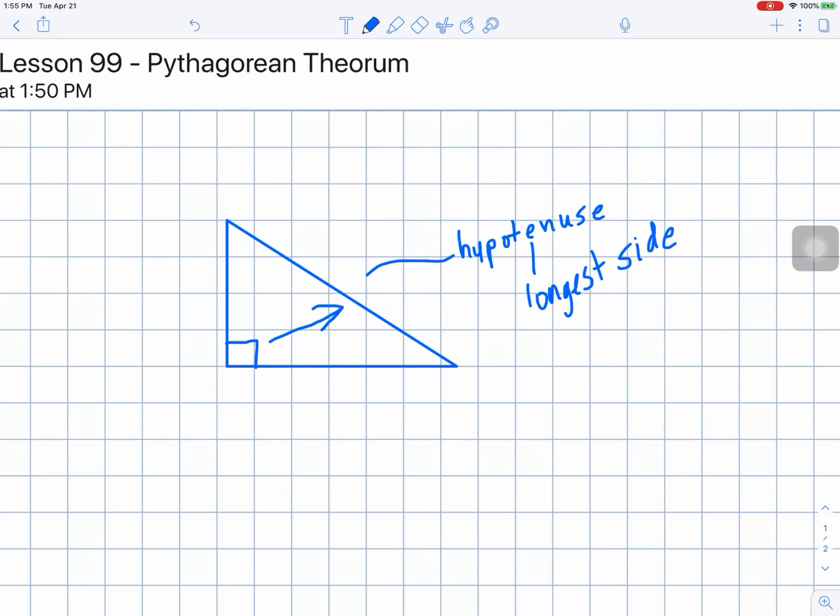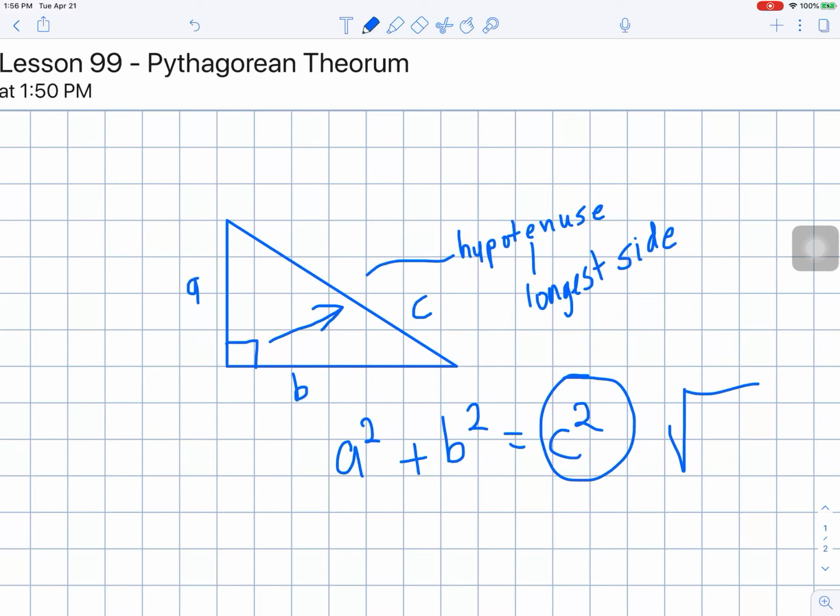So the Pythagorean theorem has a whole bunch of stuff that's all tied into it. The easy part to remember is that a squared plus b squared equals c squared. Now, what does that all mean? Well, if you grab side A and square it, and add side B squared, you're going to find side C squared.